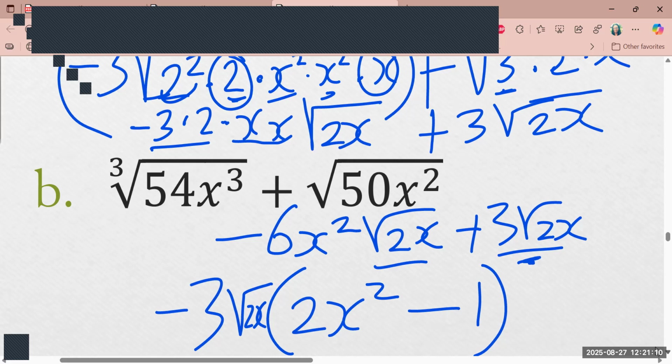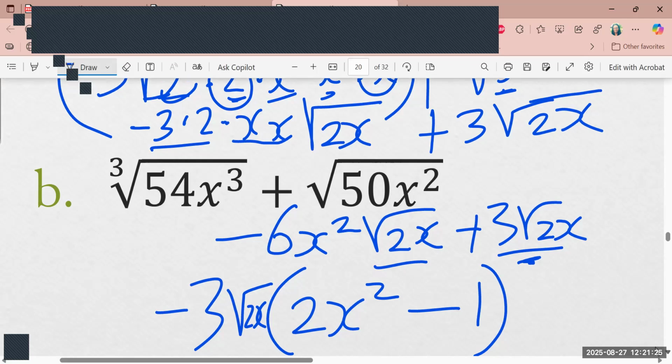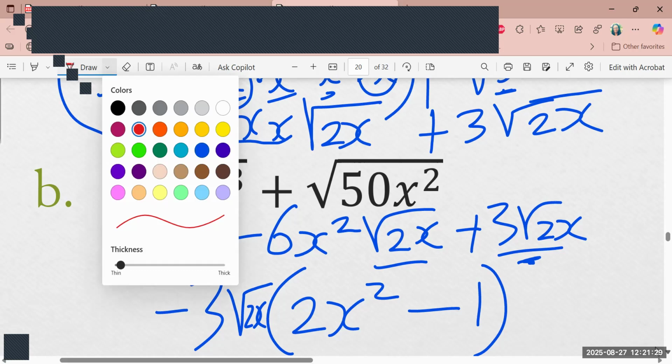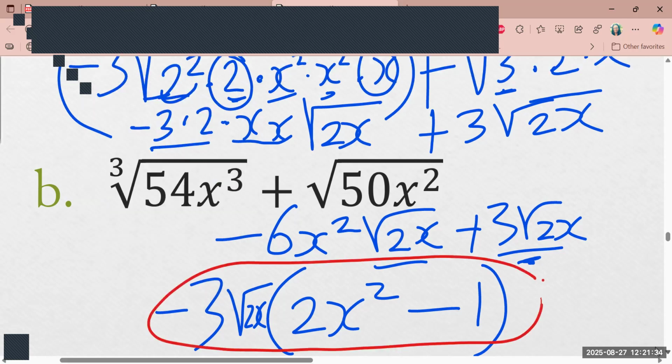There's nothing else to factor out. I have taken out the radicand on both sides. It's already factored. There is nothing else to do.